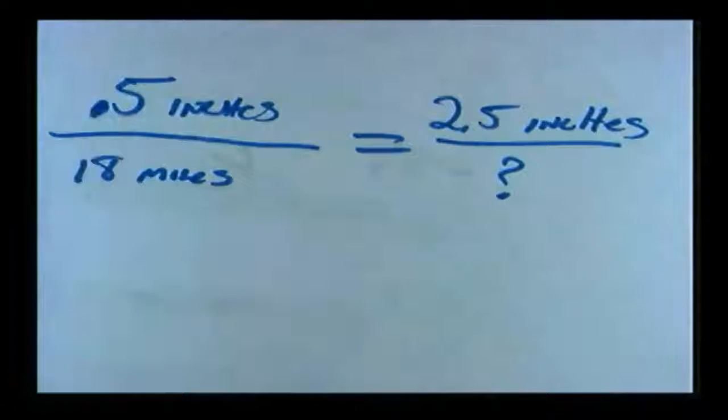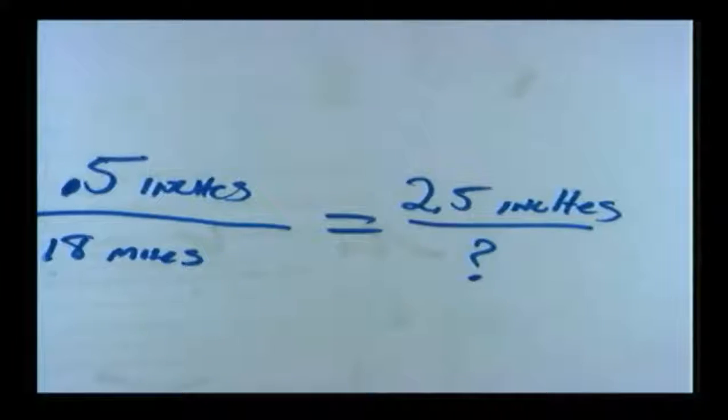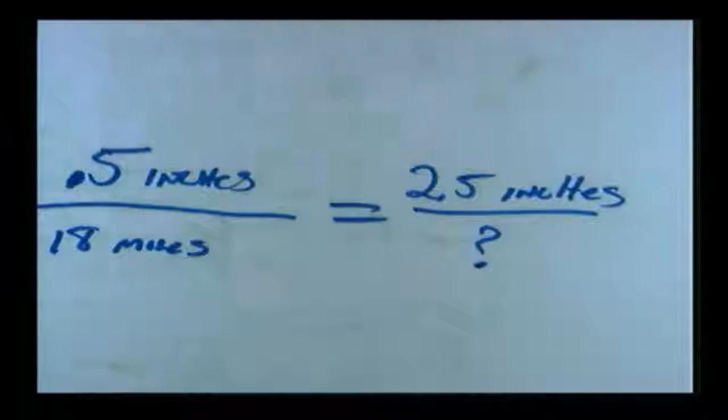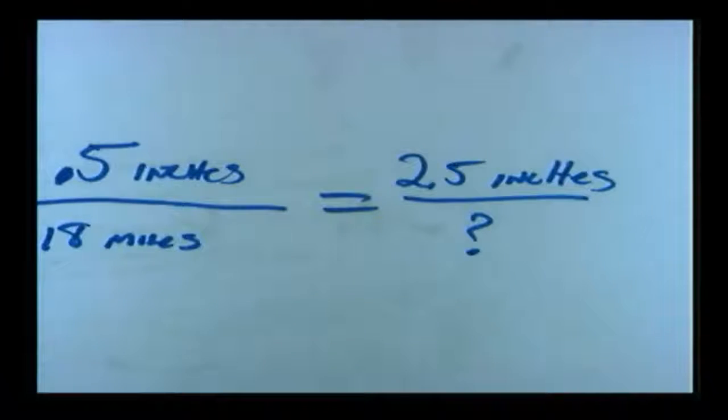So if I want to solve these proportions, setting it up is one thing, and can sometimes be the harder part. But once it's set up, it's fairly easy to solve. Anytime you see that equal sign between two fractions, we cross multiply. So this is where you may have heard that term cross multiply. It's always over an equal sign, and it turns up in proportions.